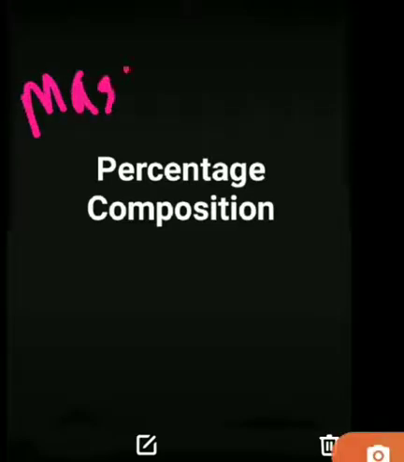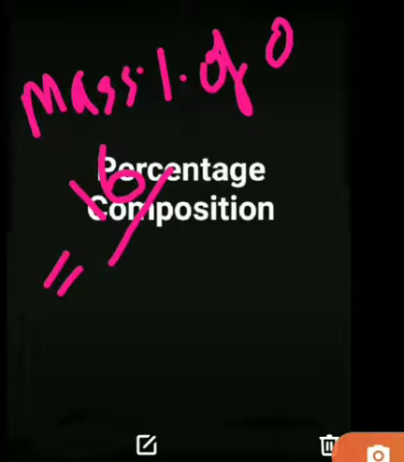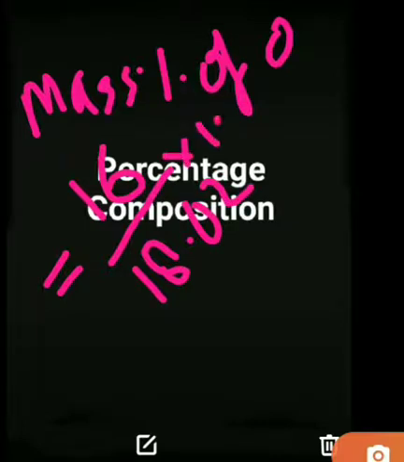So for calculating the mass percent of oxygen, you just keep the mass of that element above. As we are calculating for oxygen, the mass of oxygen is 16, and now we have to write the molar mass of the compound. The molar mass of the compound is 18.02, and we have to multiply it by 100.